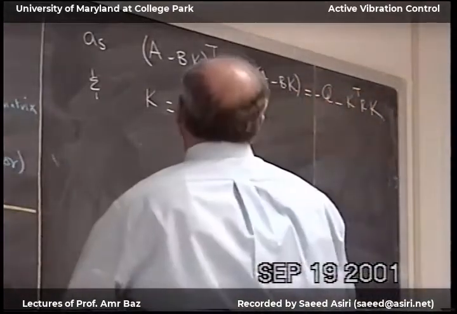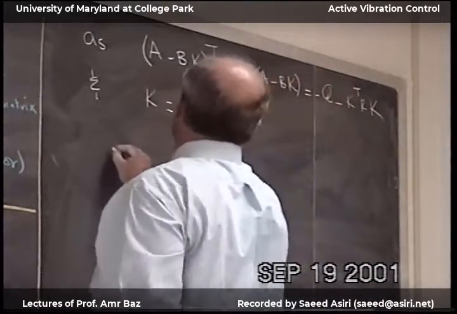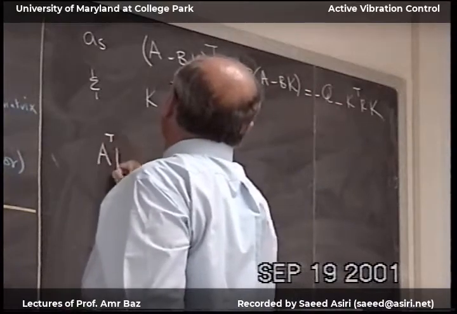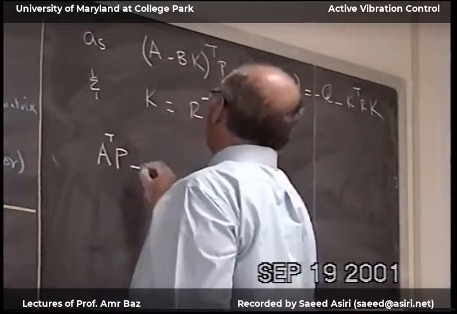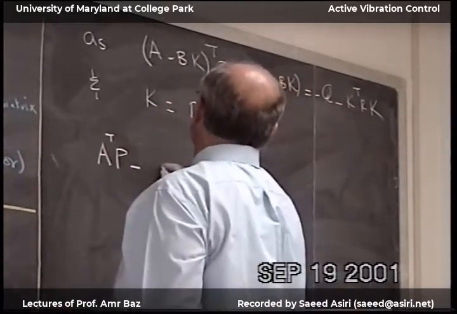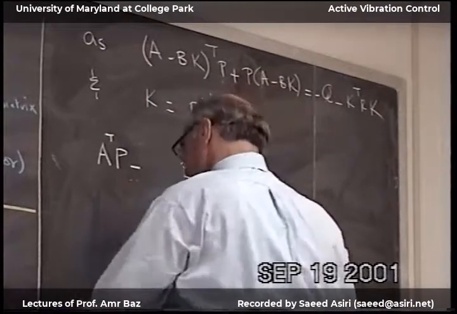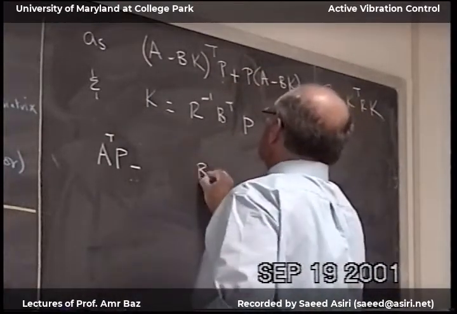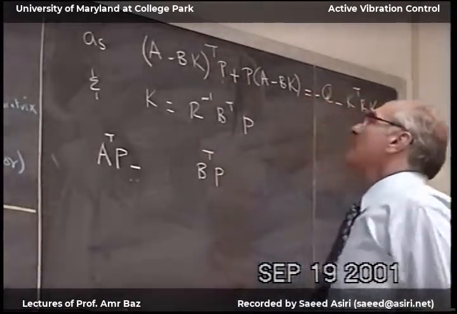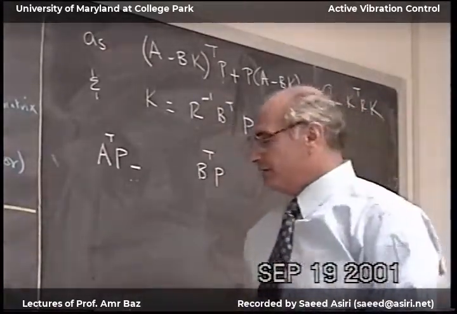So the first term here will be A transpose P. And then I have minus K transpose B transpose P. I'm going to replace the K by what we have here.